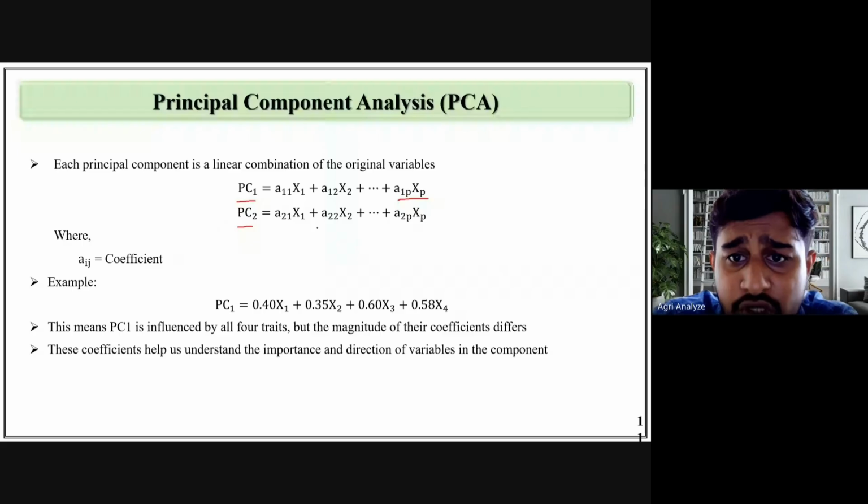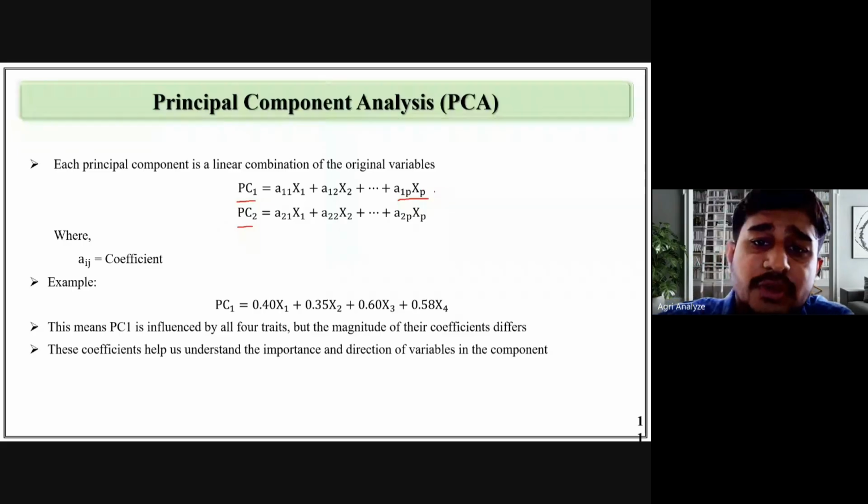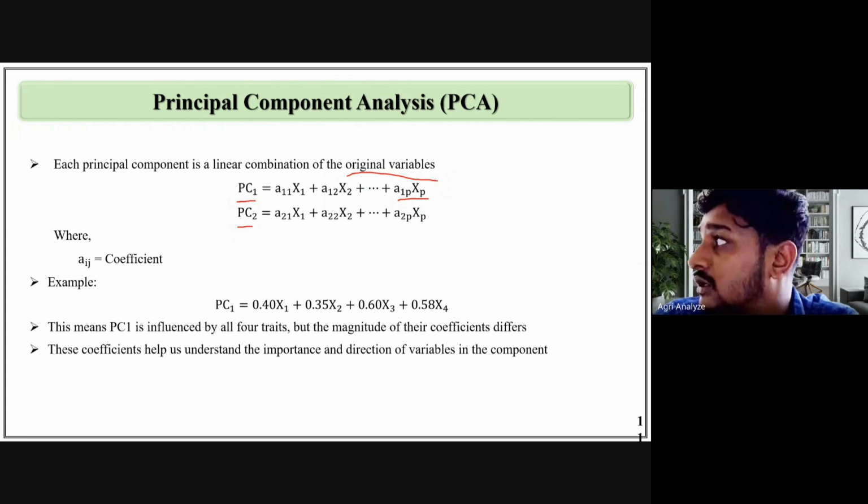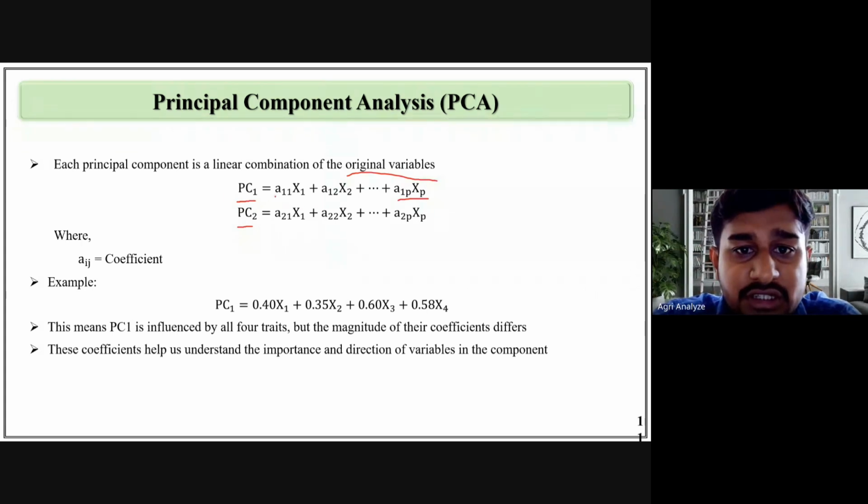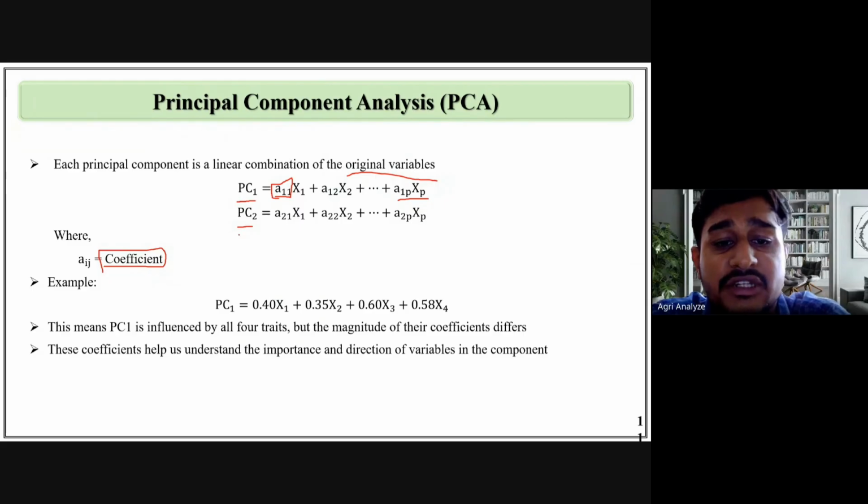Same for PC2. Here Aij is the coefficient of the variable for our principal component.